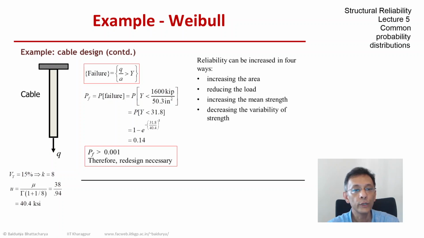Two is we reduce the load, and 3 and 4 would be to change the properties of the distribution. So we can either change the mean or decrease the standard deviation, or both. Now, it so happens from a practical point of view, reducing the load is the worst option, because then I would be limiting the functionality of this cable, whatever it was going to be used for.